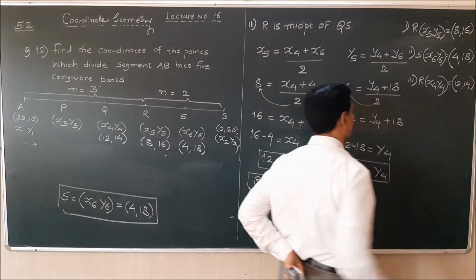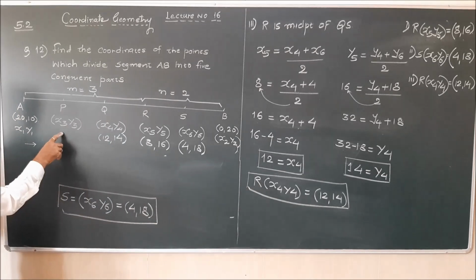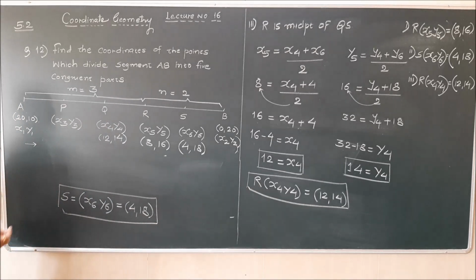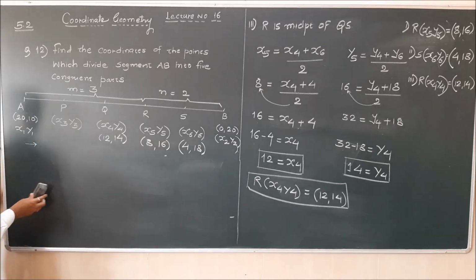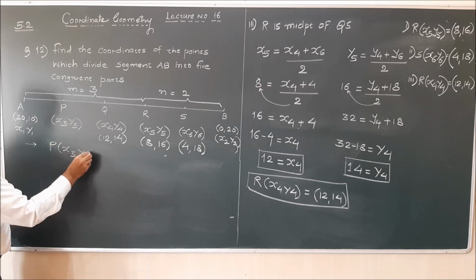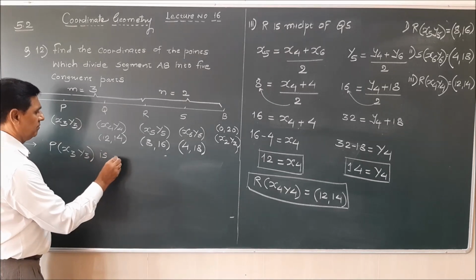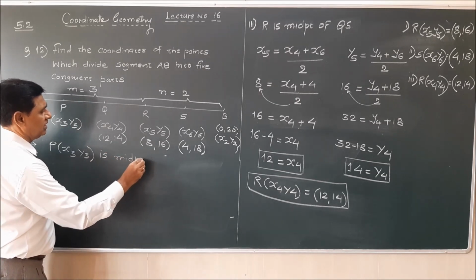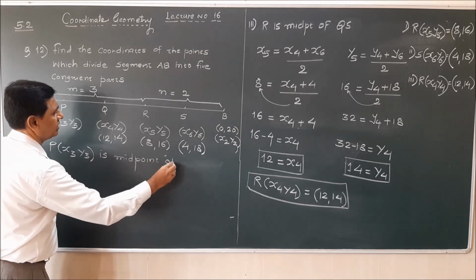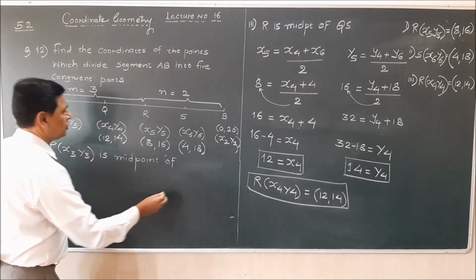So next we will find x3, y3. But you will notice very easily that P, x3, y3, is the midpoint of AQ.